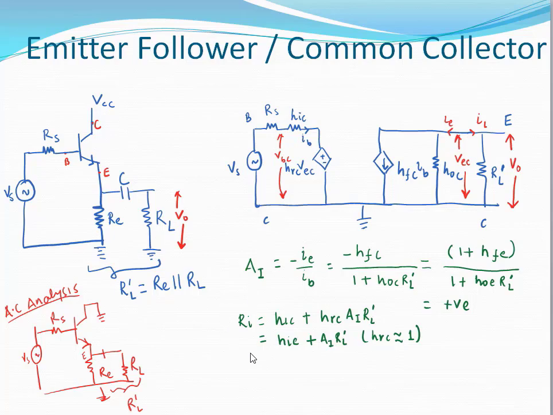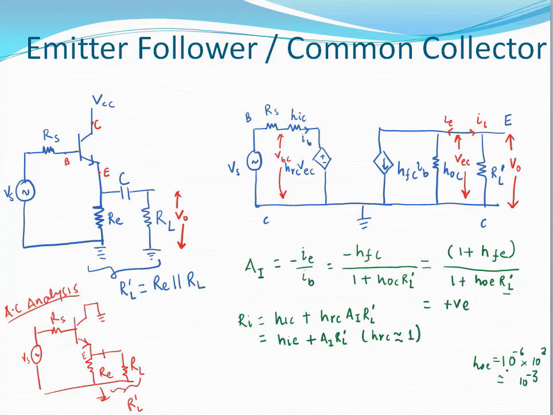फर्दर हम लोग करंट गेन को एनालाइज करते हैं. What we have got here, AI is equal to 1 plus HFE by 1 plus HOE RL, and HOE is a very small value. It is around 24 microampere per volt, so 24 into 10 to the power minus 6. If RL dash, अगर आप यहाँ पे देखिए तो HOE is in the range of 10 to the power minus 6 में, and RL dash if you take in the kilo range, so this is around 10 to the power minus 3 के range में.